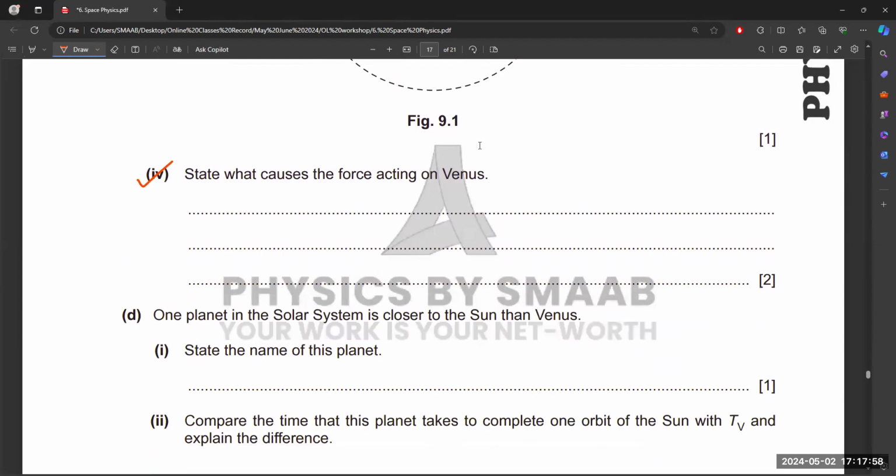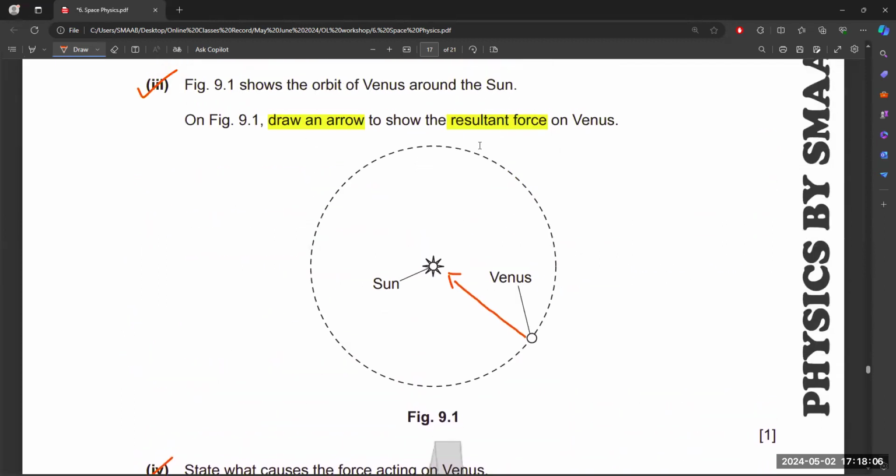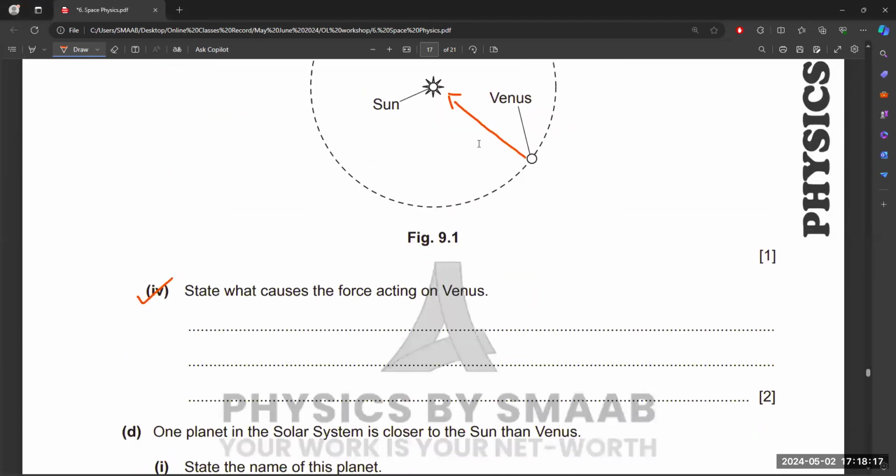And in part 4, state what causes the force acting on Venus. Basically, in planets we have gravitational force; due to the gravitational fields, there is a force of gravity, the gravitational attraction of the sun. There are many ways to write this answer.